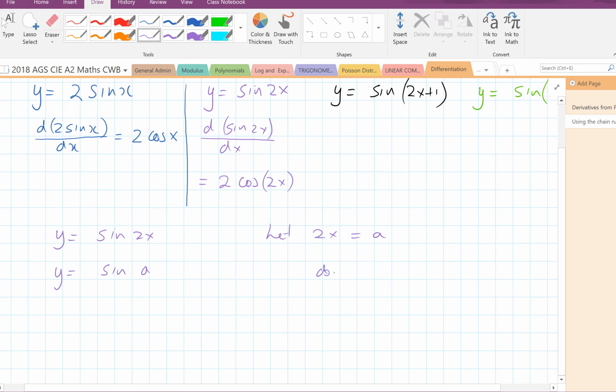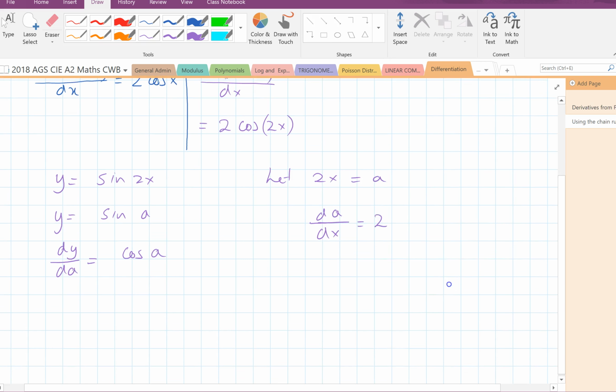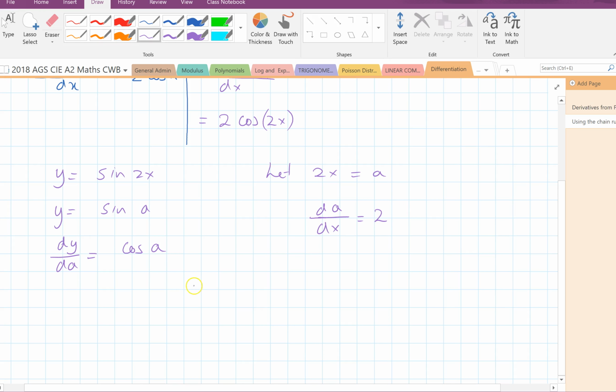I can take the derivative of a with respect to x, and that's going to just give me 2. The derivative of 2x is just 2. I can also look at the derivative of y in terms of a, and that's going to give me cos of a.